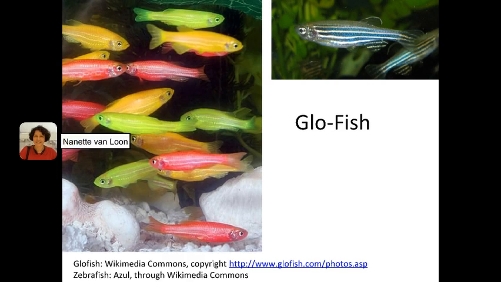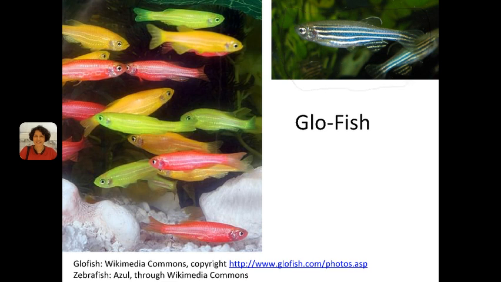Here we see some fish that are known as glowfish. Glowfish are derived from the zebrafish, and this is the natural color of the zebrafish. It's got blue and white stripes. The glowfish have been genetically engineered to have that gene from the jellyfish in them, the green fluorescent protein.